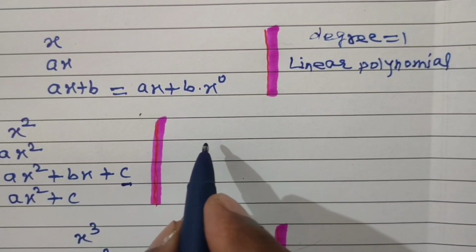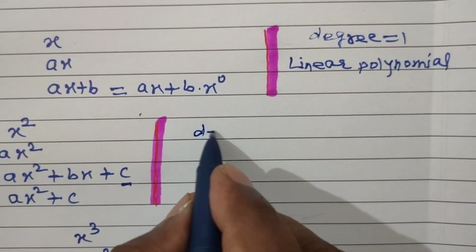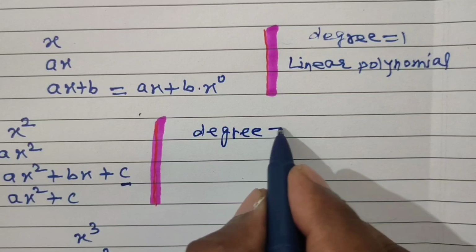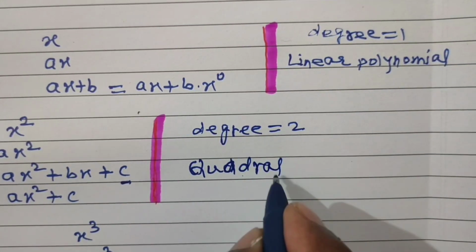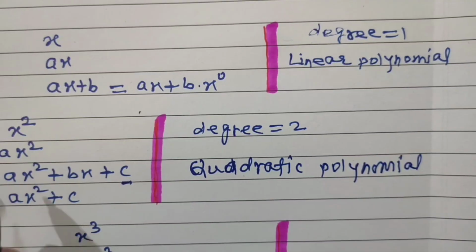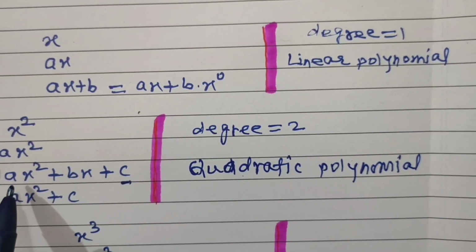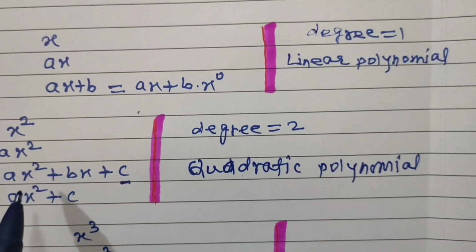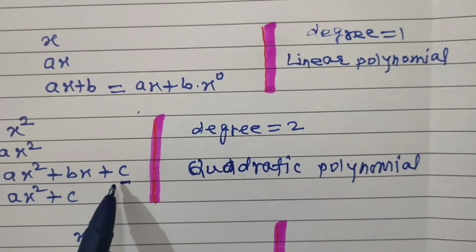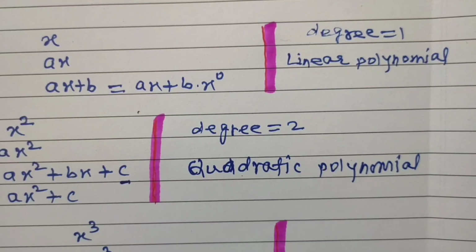So in this case degree of polynomial is 2. Such type of polynomial is known as quadratic polynomial. Degree of this term is 2, which is highest power of x in the first term, so degree of this term is equal to degree of this whole polynomial, and which is 2.